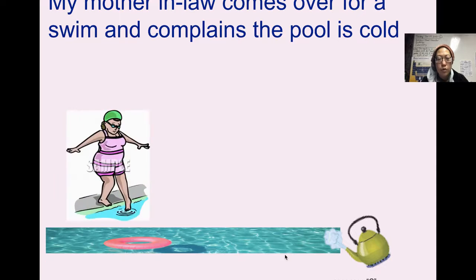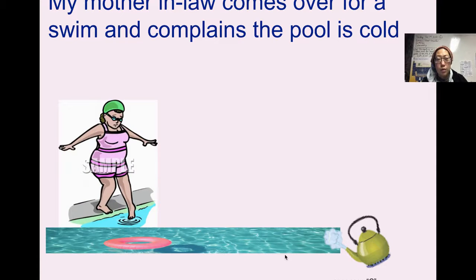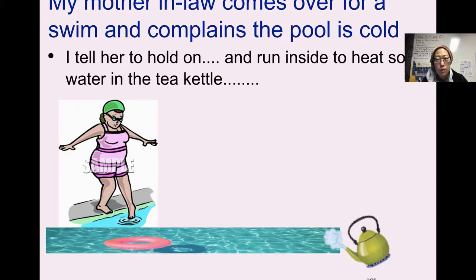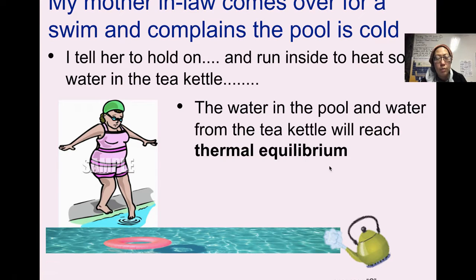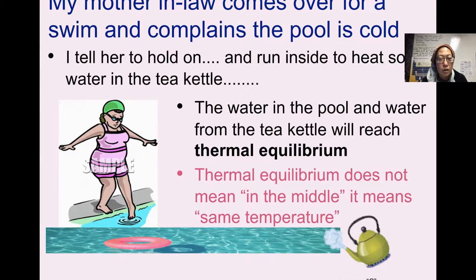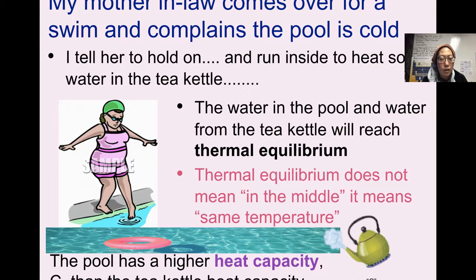So another example of this is if my mother-in-law comes to swim and says the pool is cold, I say, oh, let me go get you a tea kettle of water. And I get her a kettle of boiling water and she pours it into the pool. Well, guess what? They're going to reach thermal equilibrium. The kettle's going to transfer some heat into the pool. However, the pool is still going to be cold.